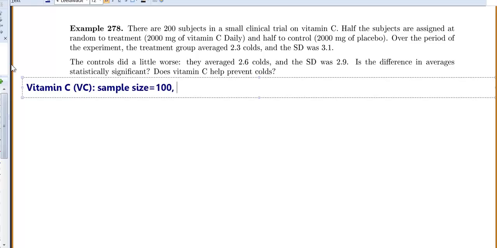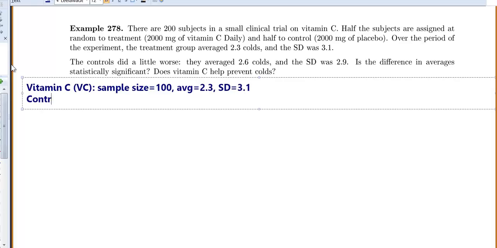For the vitamin C treatment group, they averaged 2.3 colds, and the SD equals 3.1. For the control group, which I'm just going to call C from now on, they also have a sample size of 100. So both of my sample sizes are large. I can do this test. My average equals 2.6 and the SD equals 2.9.